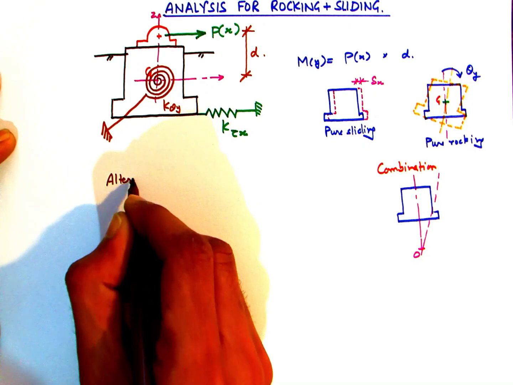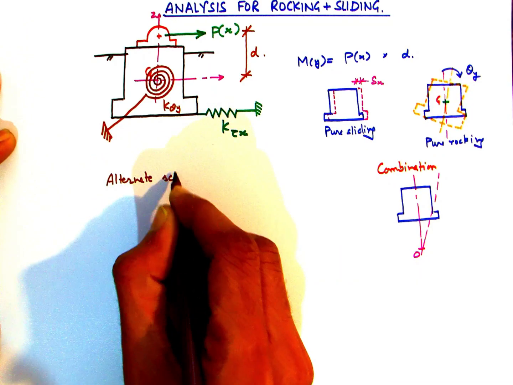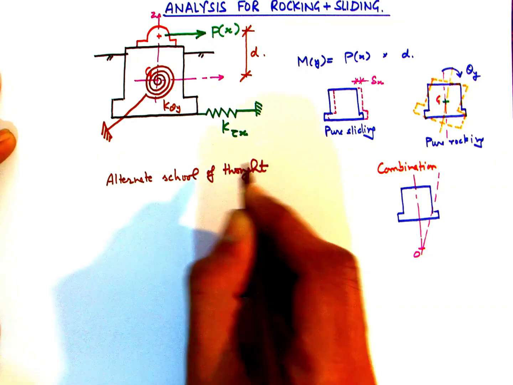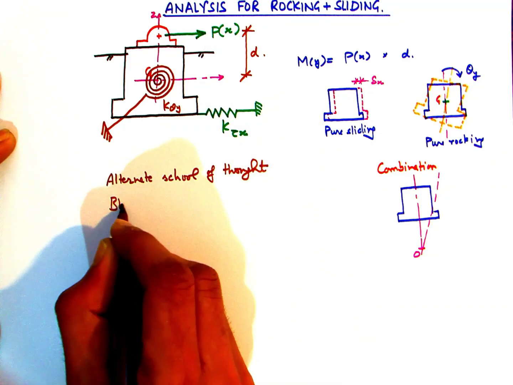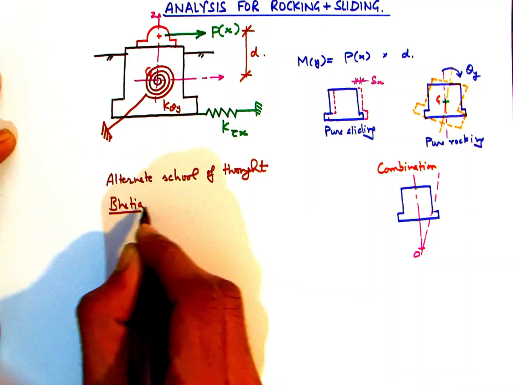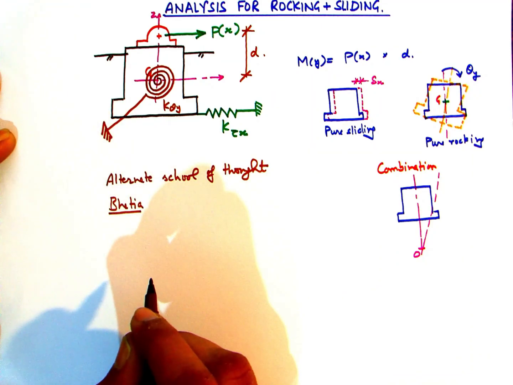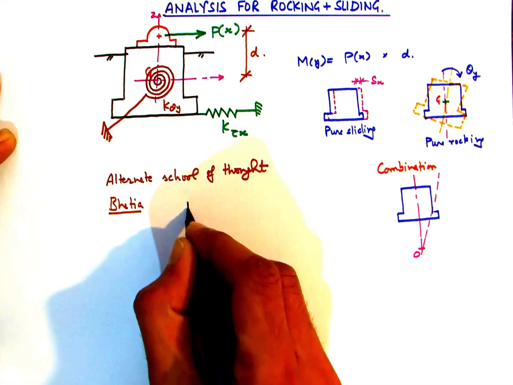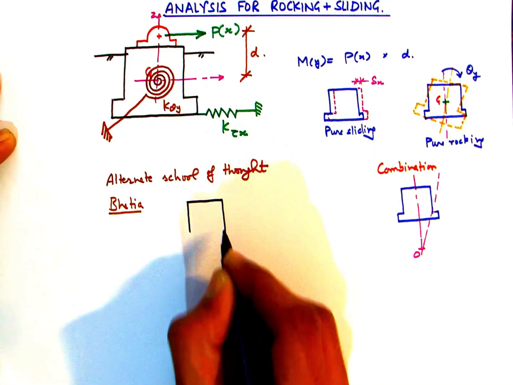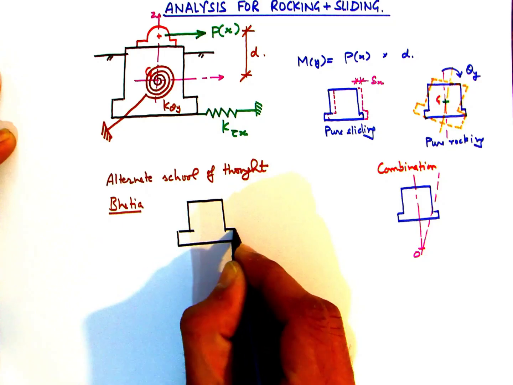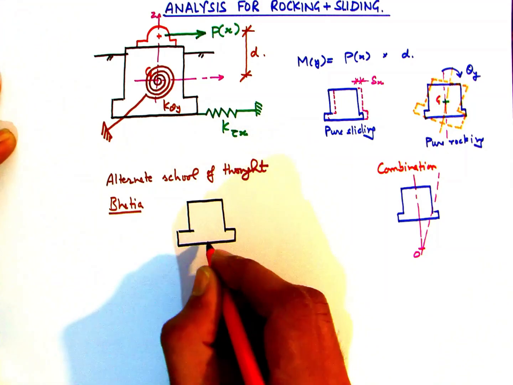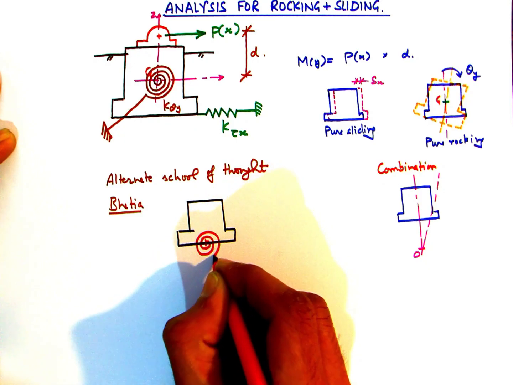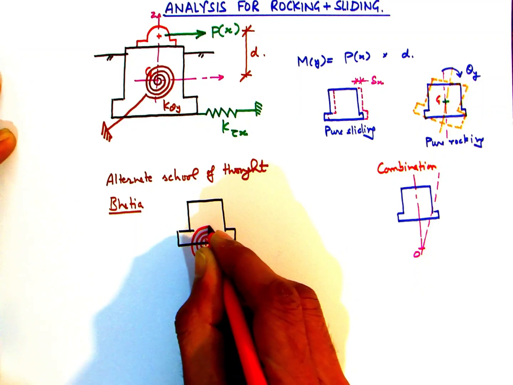Please note that as far as rocking or pitching is concerned, there are two schools of technical opinion. Let's briefly discuss them here. According to the book of K.G. Bhatia, the rotation that is in the form of rocking and pitching is modeled so as to be taking place with regard to the center of gravity of the base of the foundation block, as it's shown here.